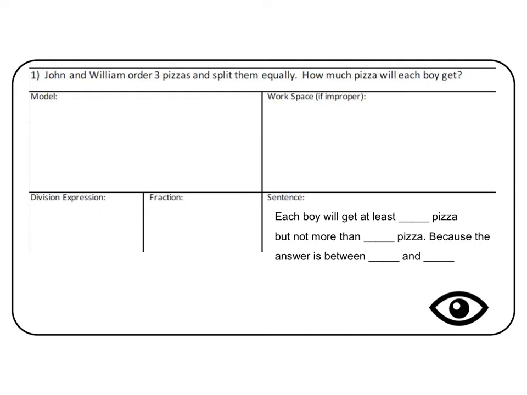Here's our problem. John and William order 3 pizzas, and they split them equally. How much pizza will each boy get? So think about again, what are we splitting up? We're splitting up the pizzas. Pizzas is our dividend. So we have 3 pizzas, and each pizza will be shared equally by John and William.